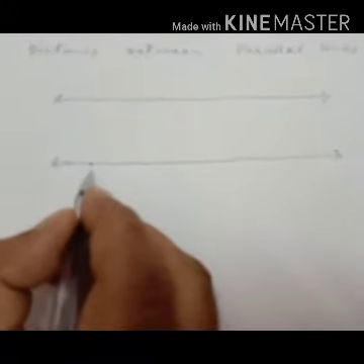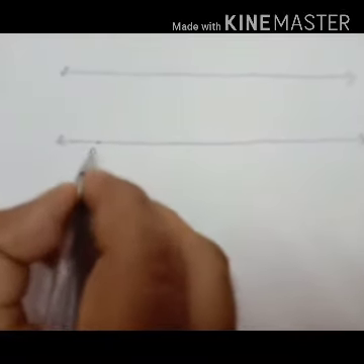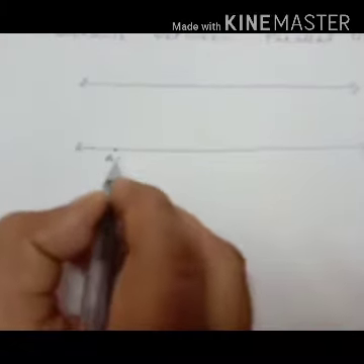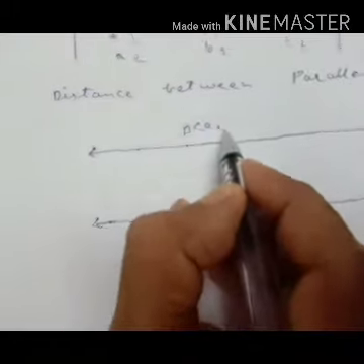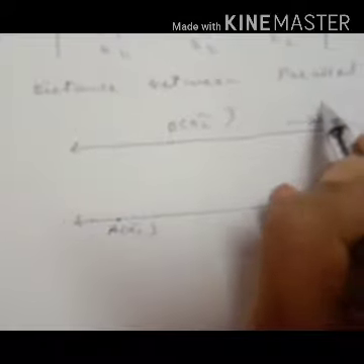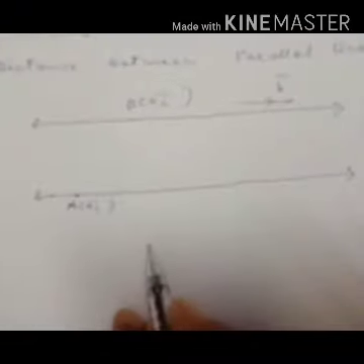Suppose on one line there is point A, whose position vector is a1 bar, and on another line point B, position vector a2 bar. Both the lines are parallel. They are parallel to vector b bar.